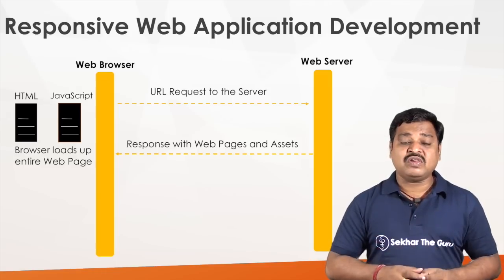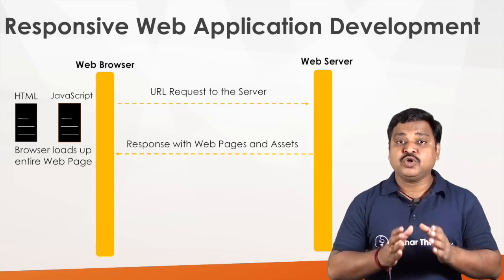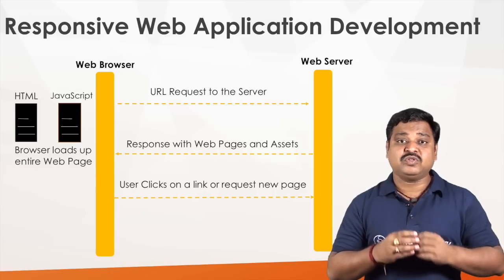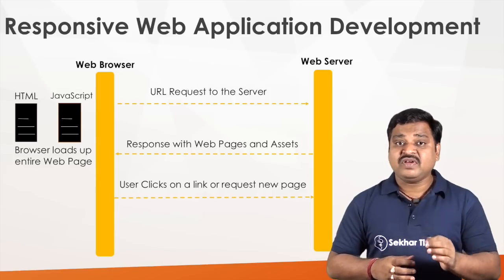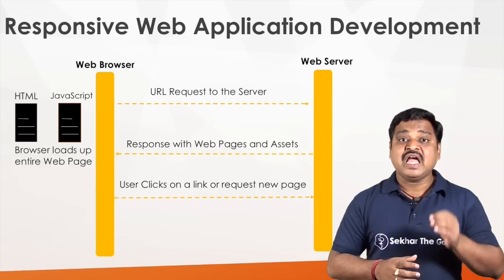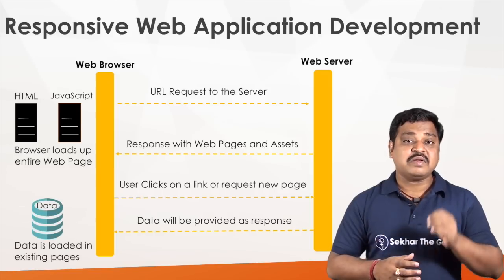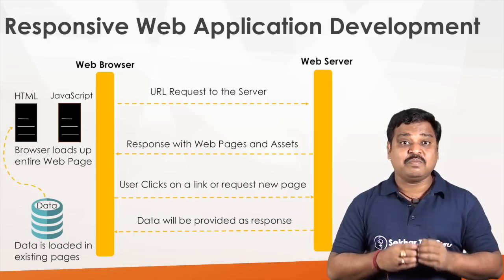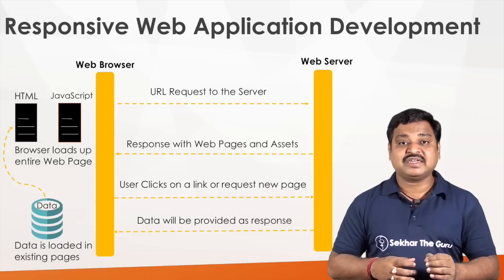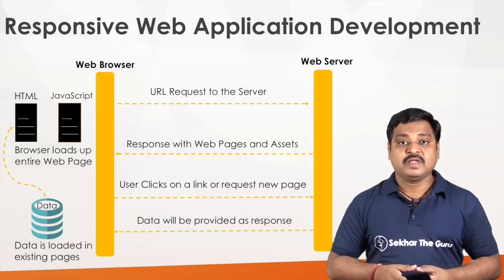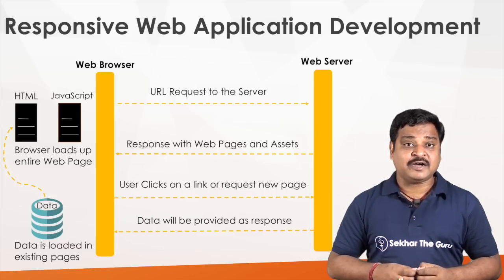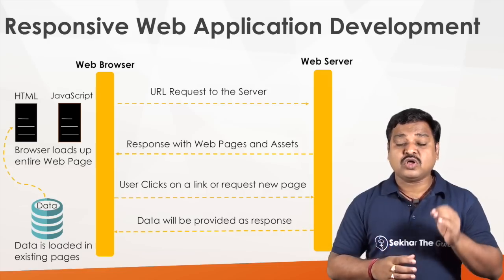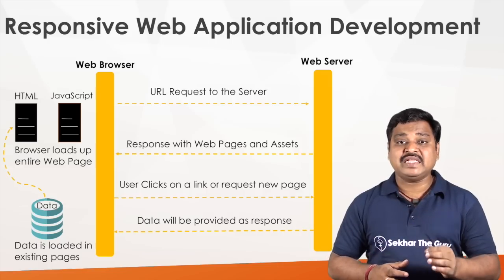So in this model, whenever the client sends a new request by clicking on any link or submitting data to the server, the server will process the request and return only the data back to the client, where the data will be loaded into the existing page which was requested for the first time. As a result, we can observe that the JavaScript or style sheets are not loaded every time the page is requested by the client.